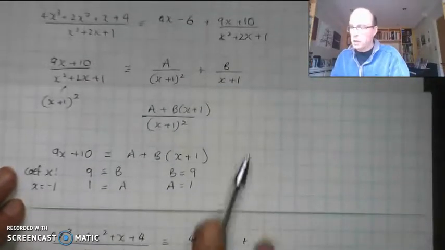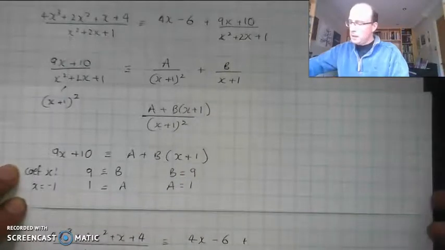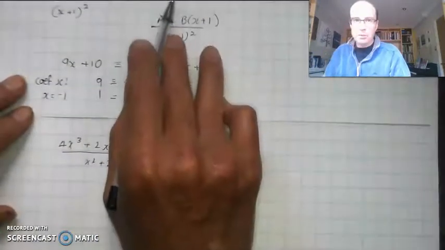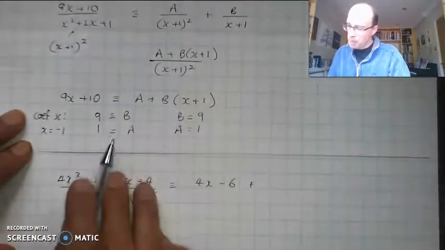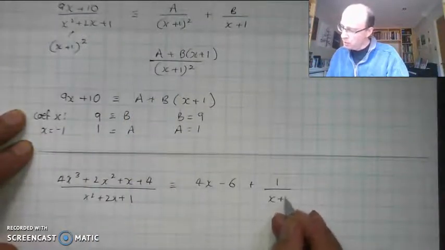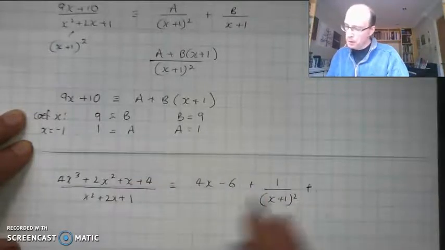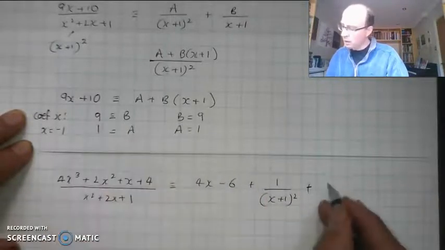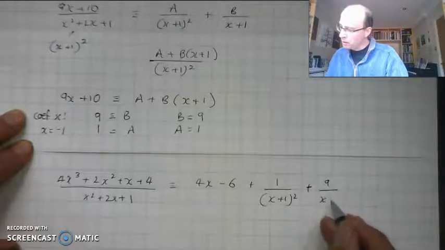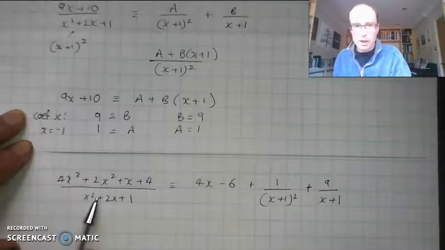This expression here, we've just worked out, is equivalent to a over x plus 1 all squared. My a has a value of 1, so I've got 1 over x plus 1 all squared, plus b, which in this case is 9, over x plus 1.